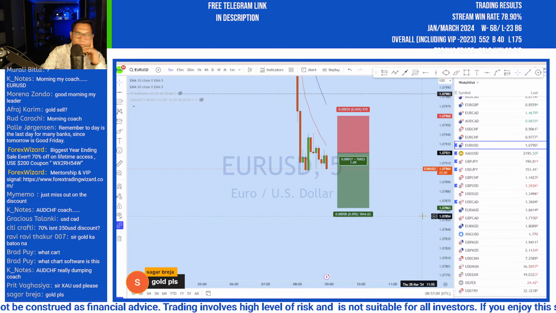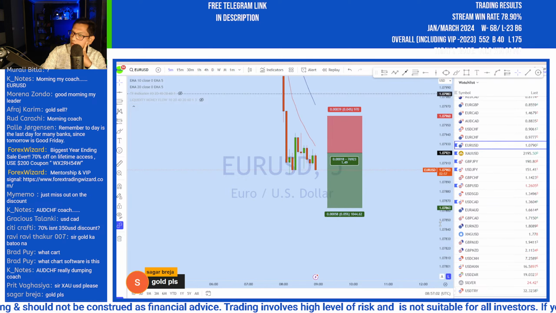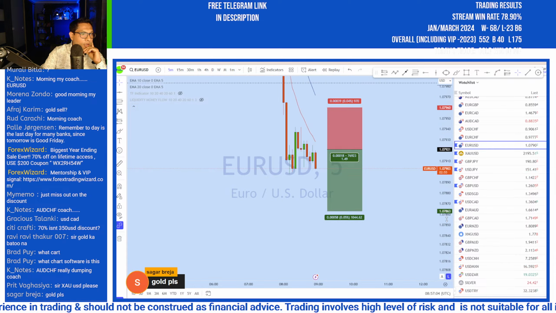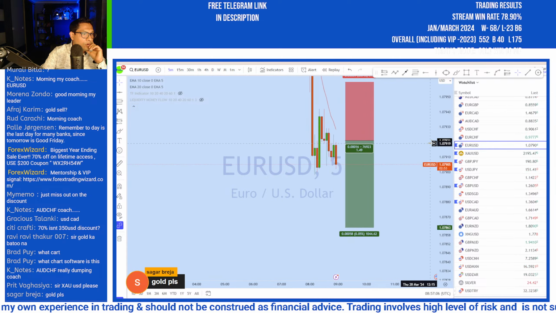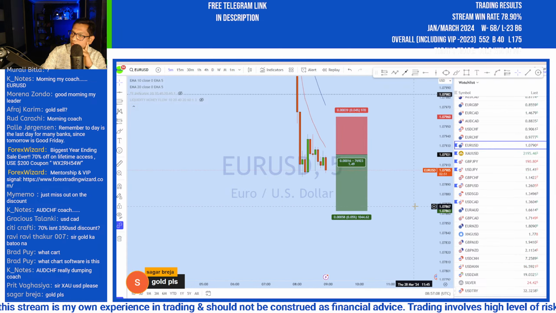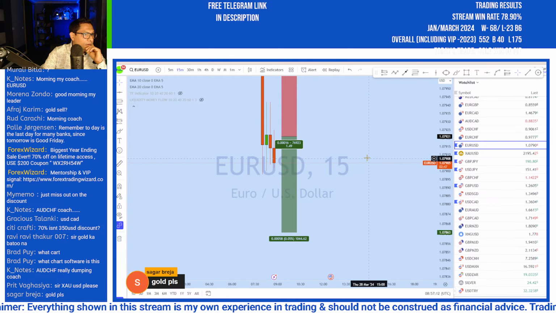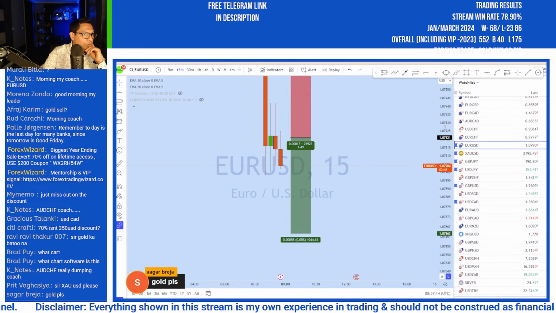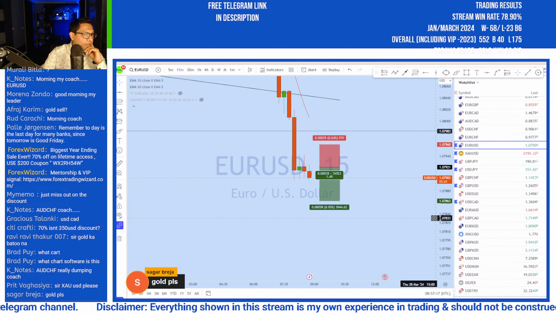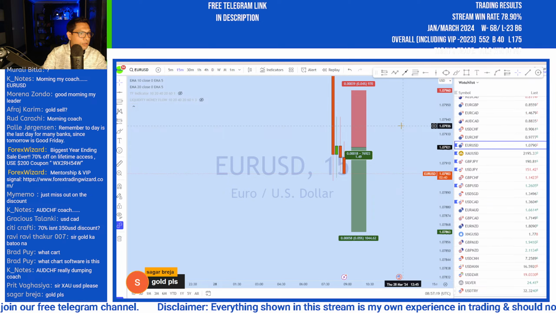Running profit. So I'll be giving a shout out when I will be closing profit on this trade, as I'm expecting it to break in that direction before the candle close.